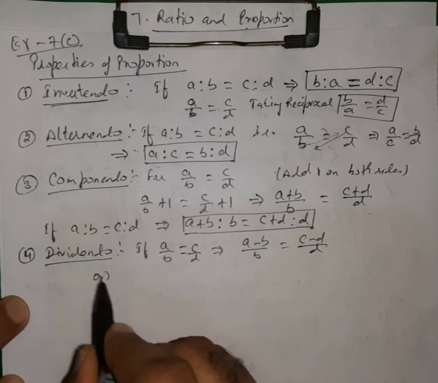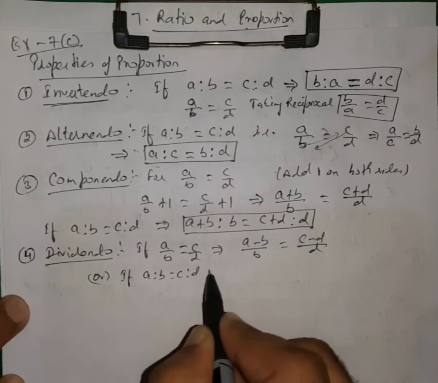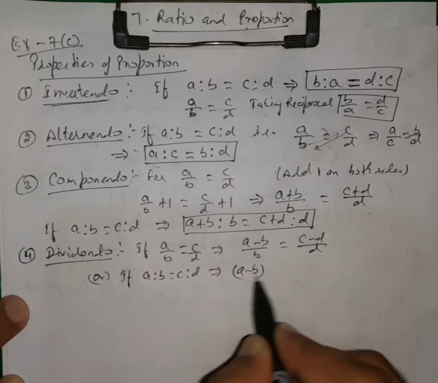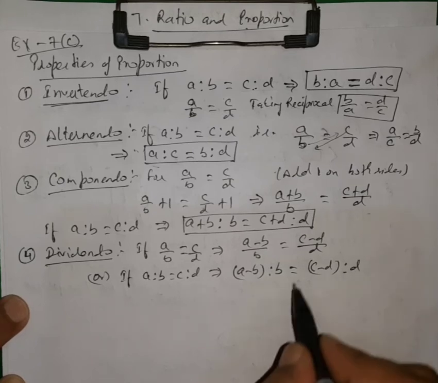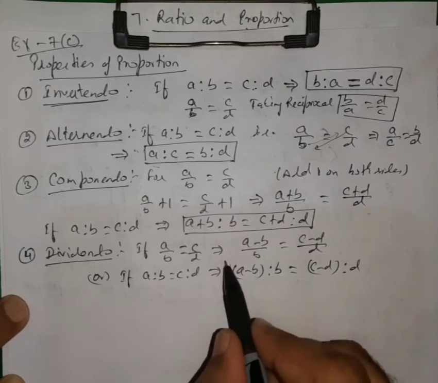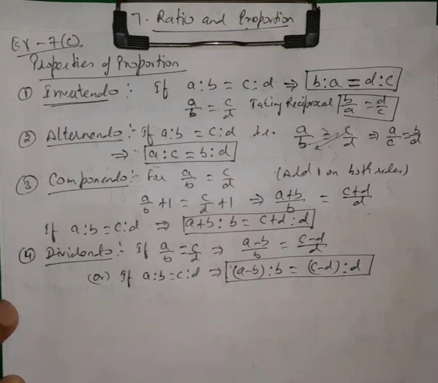Or we can say that if A is to B is equal to C is to D, then A minus B is to B is equal to C minus D is to D. This is called the dividendo property, obtained by subtracting 1.